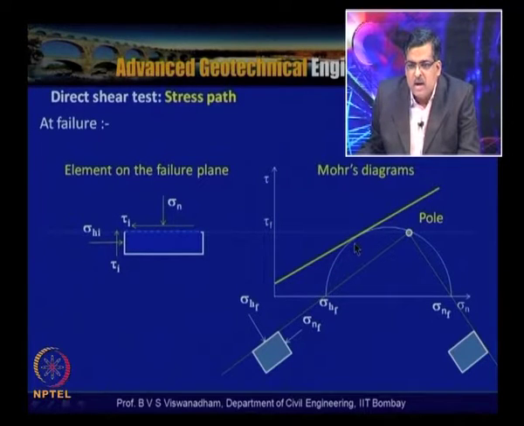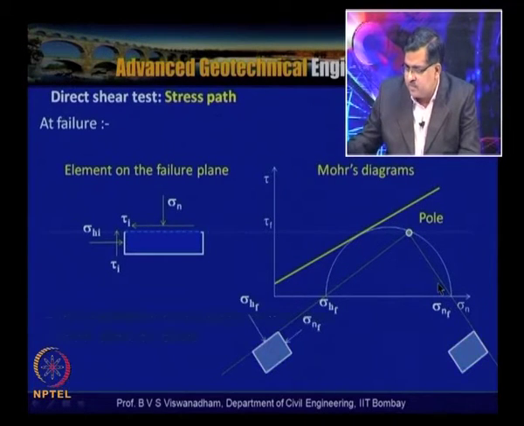When you locate a pole and join it to the major principal stress here, what you get is the major principal plane. The major principal plane is here, and the minor principal plane is here. So these are the inclinations of the minor and major principal planes.